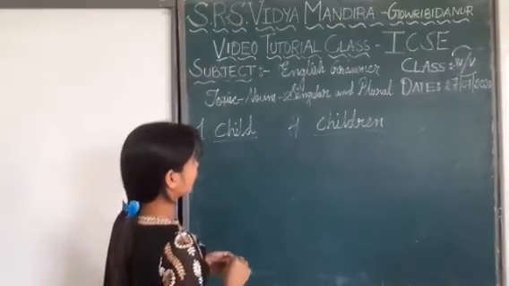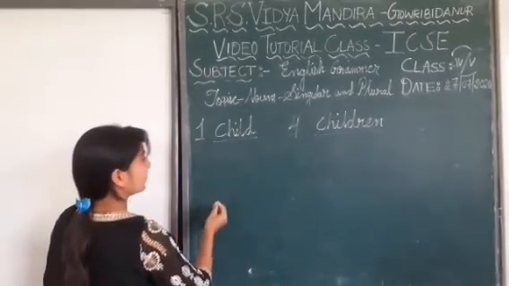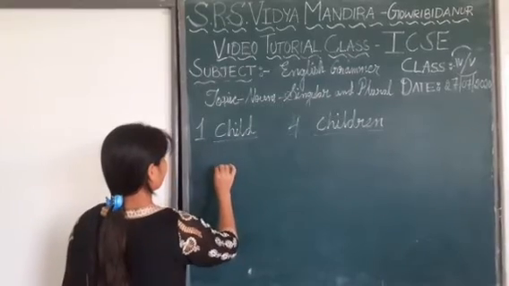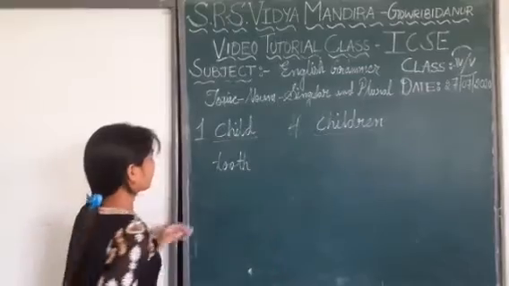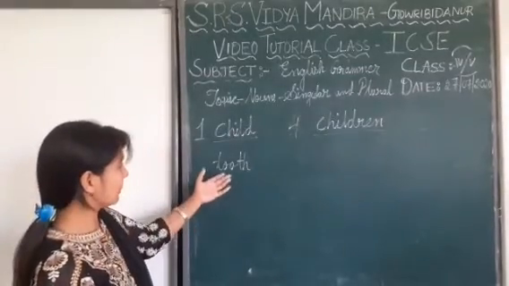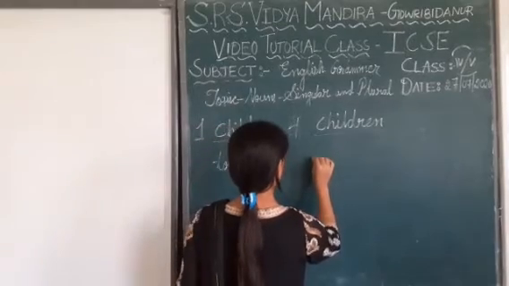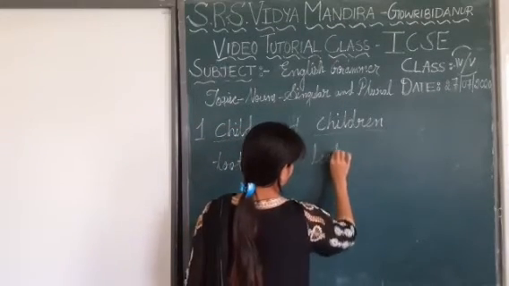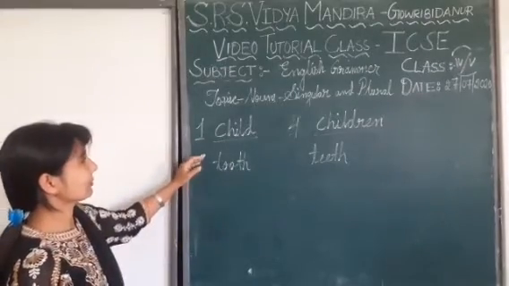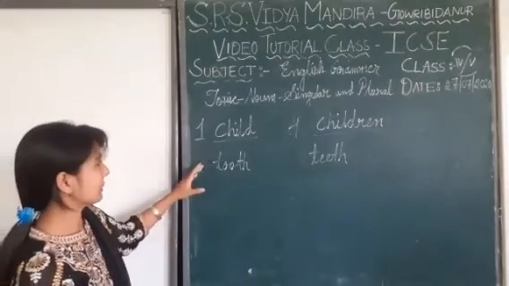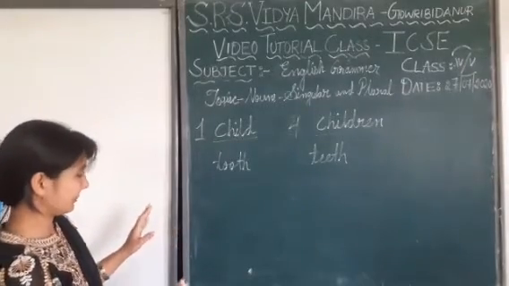And some other words. Here, tooth. So one is in the singular form. Whenever we change into more than one, then it changes into teeth. So this is a few examples of words which totally change whenever we change from singular to the plural form of the noun.